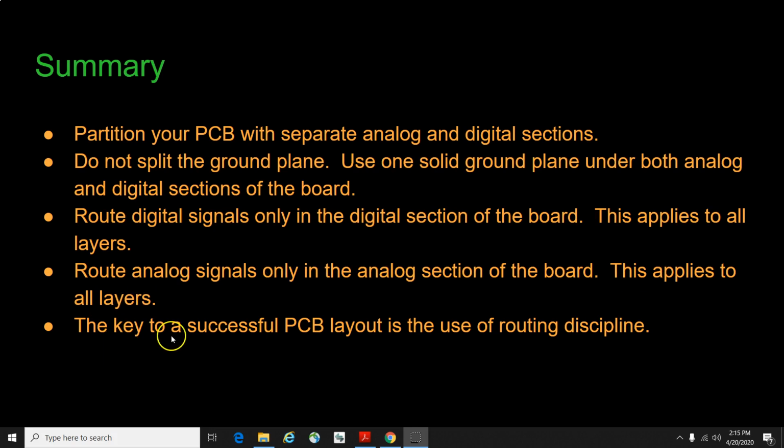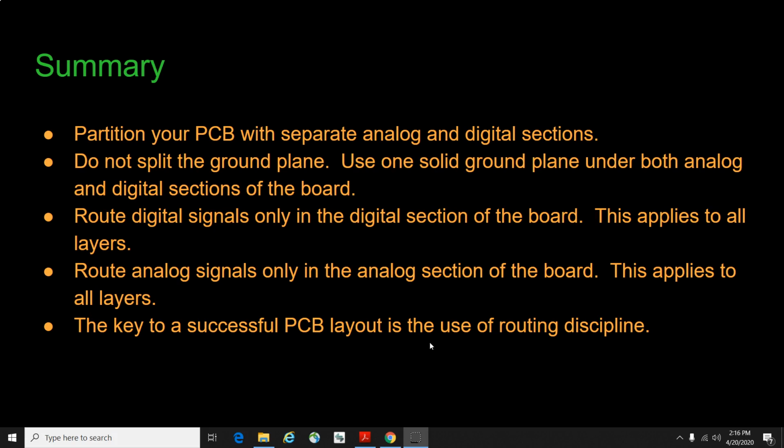The key to a successful PCB layout is to use routing discipline. So a PCB with a single ground plane and partitioned into analog and digital sections, and following a discipline in routing, can produce a good PCB design, and it can solve most of the difficult problems.